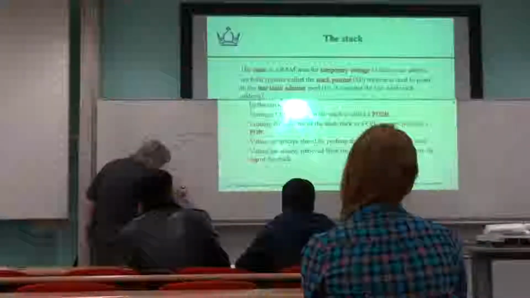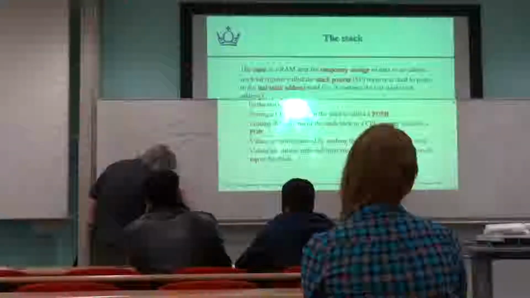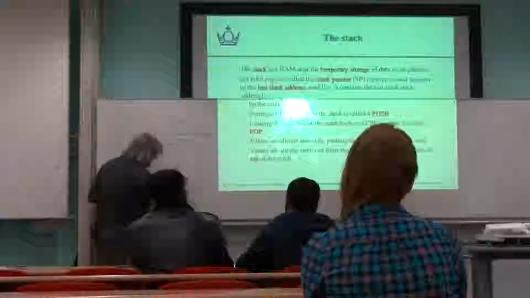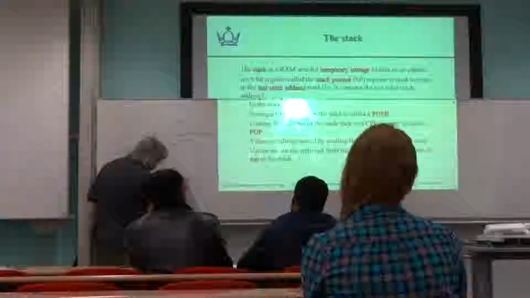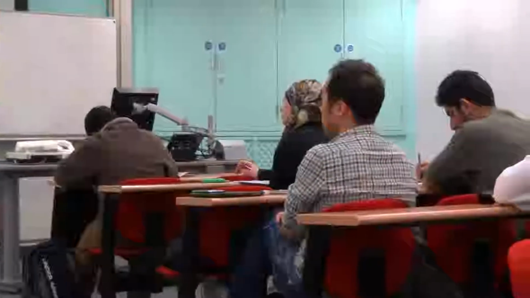So remember, you've got the 4 register banks here. And then on top of the register banks, you've got the bit addressable memory. And then you've got general purpose memory on top of that.